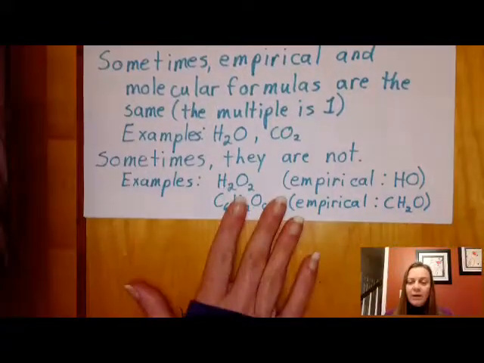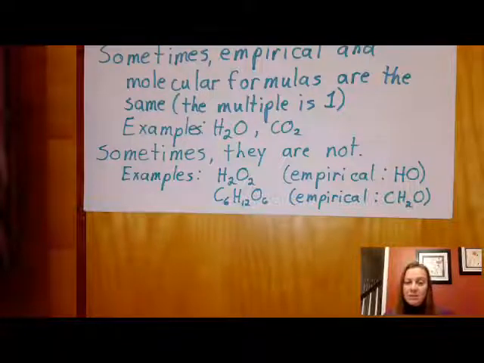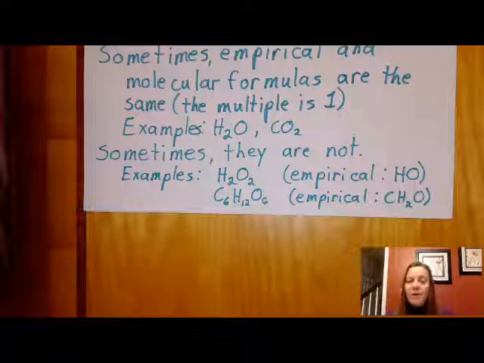And so examples of that would be things like hydrogen peroxide. That's H2O2. That can be simplified down to a 1-to-1 ratio. The empirical formula for hydrogen peroxide is HO, but its molecular formula is H2O2 because in the molecule there are 2 atoms of hydrogen for every 2 atoms of oxygen.